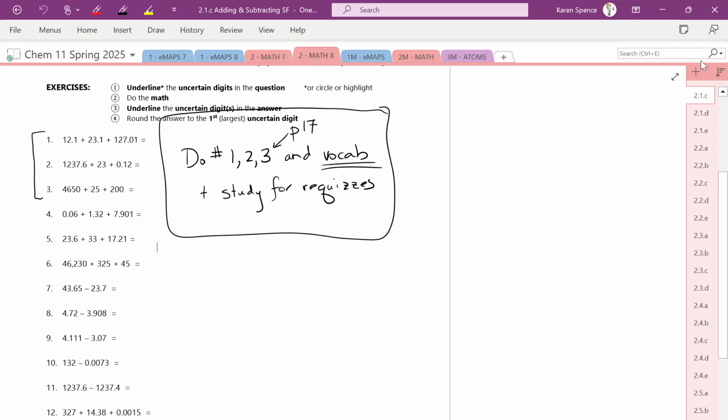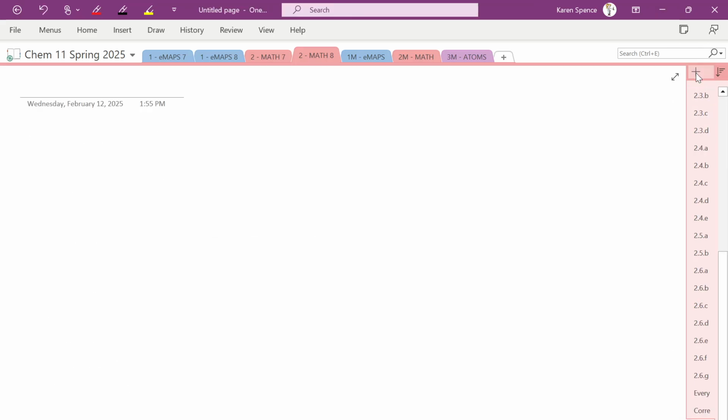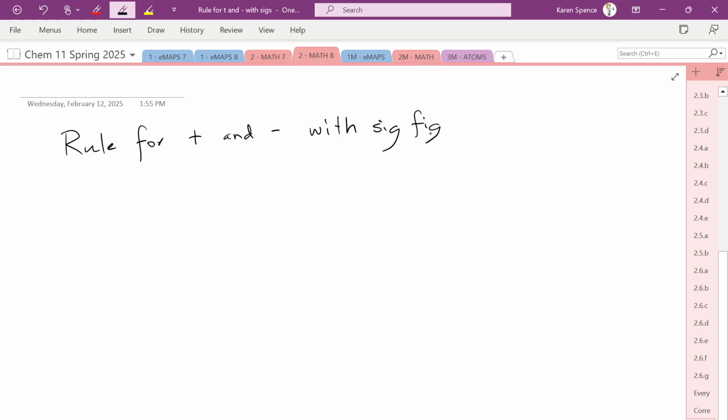So you've got a piece of paper out so you can write something down. You are going to write down what you remember of the rule for adding and subtracting with sig figs. This is what we learned yesterday. Let's see what you remember.